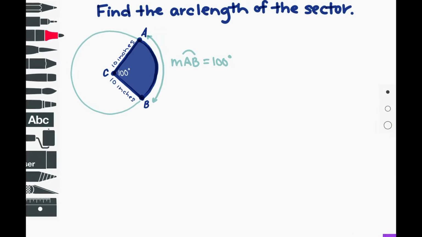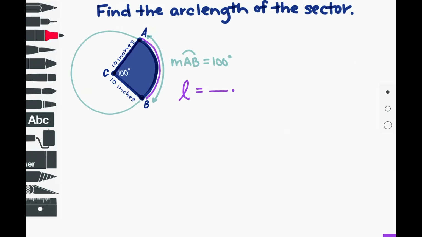But then we need to talk about how long that arc is too, because it has a length. It's sort of a curvy length. And if you look at these 10-inch radii, you could think, okay, well, maybe that's a radius and a little more. I'm not sure. So remember, what we're going to do is to think about the length of that arc. Maybe I'll call it L. Sometimes it's called S, just FYI.